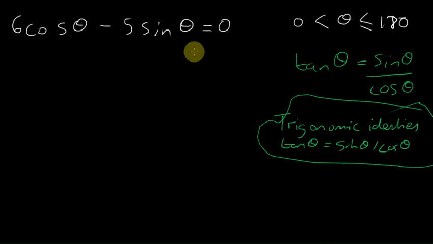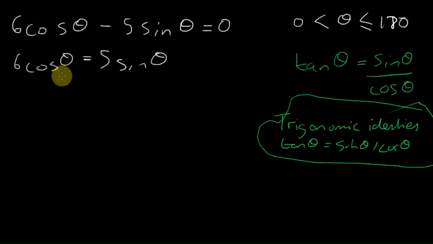So we want this in the form of this, so you want sin over cos. Let's just take that over. So we're going to get 6 cos theta equals 5 sin theta.